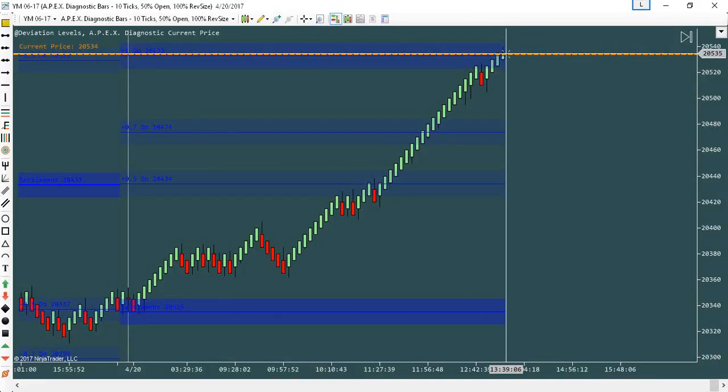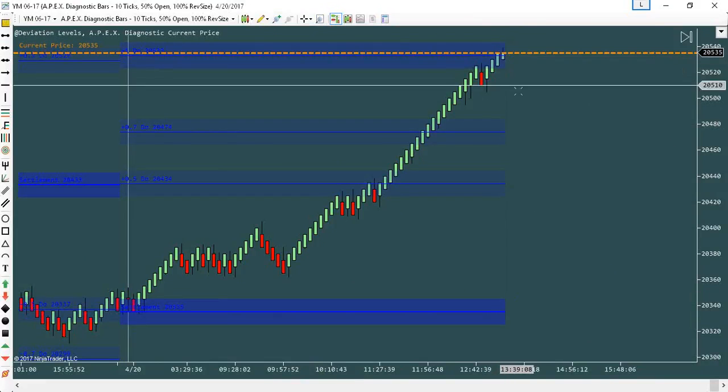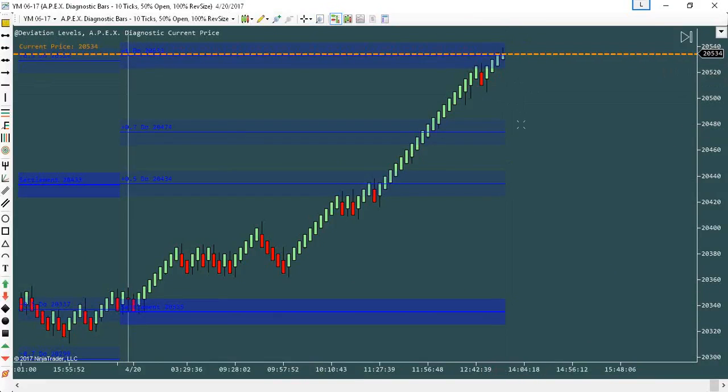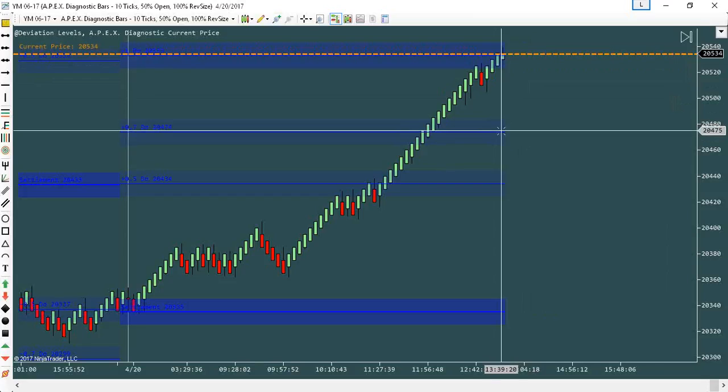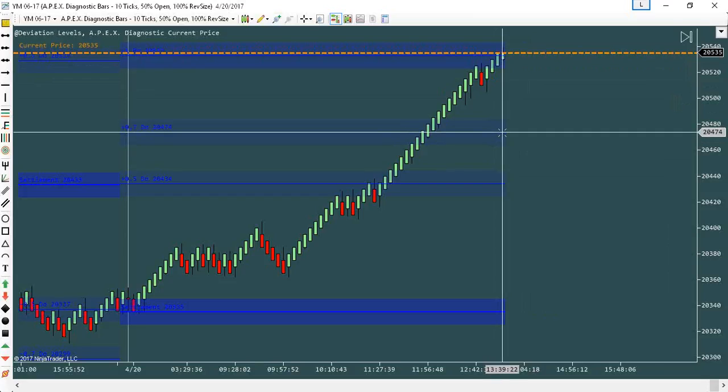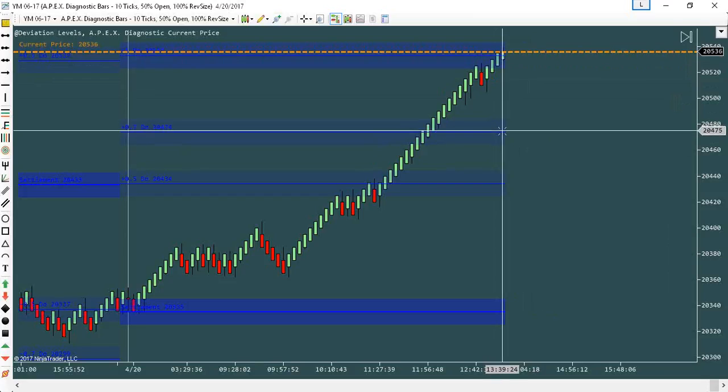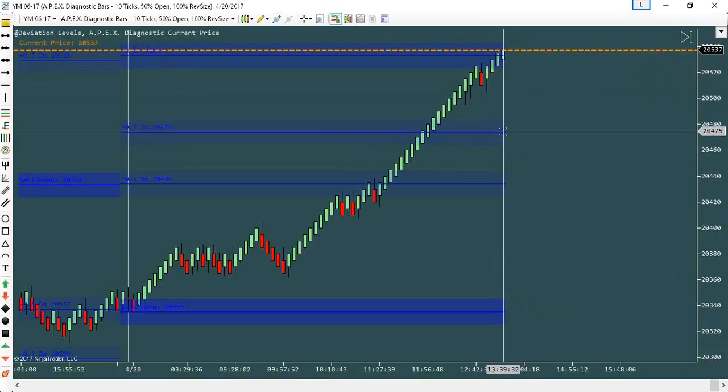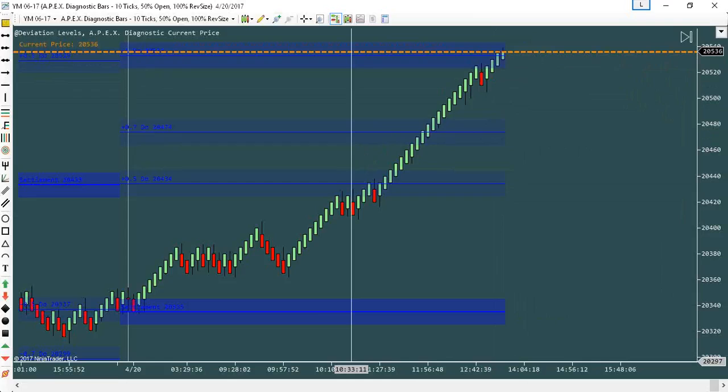I don't know if it's going to happen in the next 10 or 15 minutes, but I think it'll happen pretty quickly, or maybe in the next 20 minutes. The market's up here at 534, and I think it's going to get back down to the 475 level.